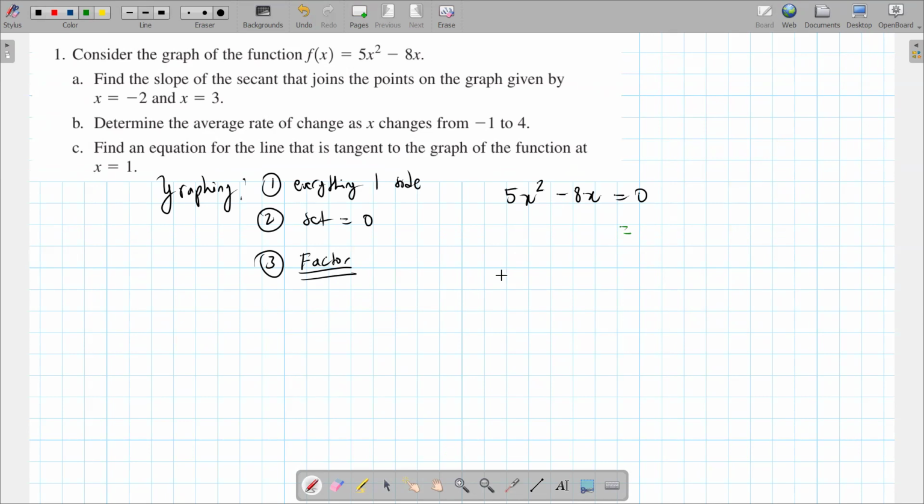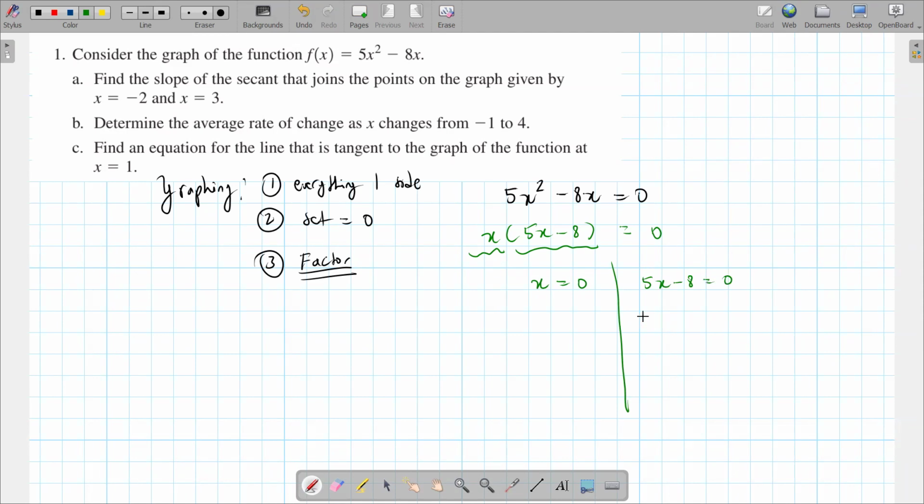How do we factor this function? What can we pull out? When I say factor, I mean what can we pull out, if anything? X. You can only pull out an x. You're left with 5x minus 8, like this. Now you have one term times the other term equal to 0. Now this is important. One term times another term equal to 0. What you can do is you can set those individual terms equal to 0.